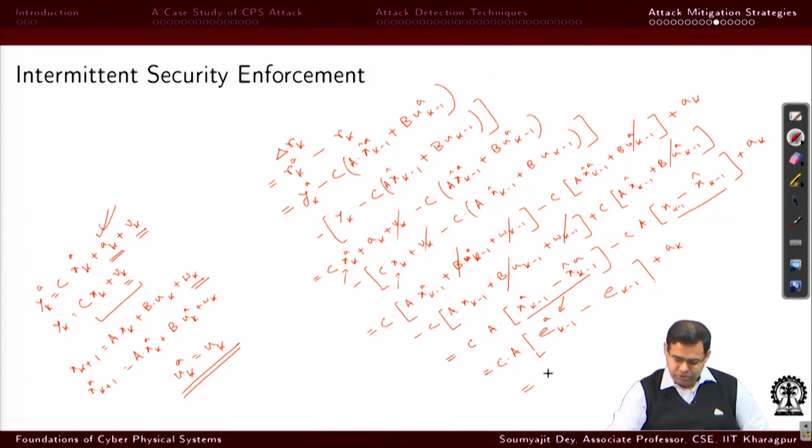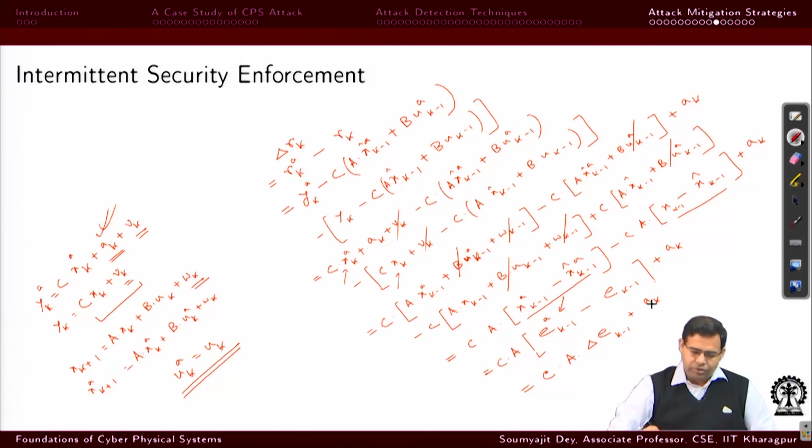So, that contributes to C times A, the incremental error that you have in the estimate, the estimation error. This is the estimation error in both cases and the extra estimation error that is added due to the attack. So, that is what you have for the extra amount of residue that is coming due to the attack.